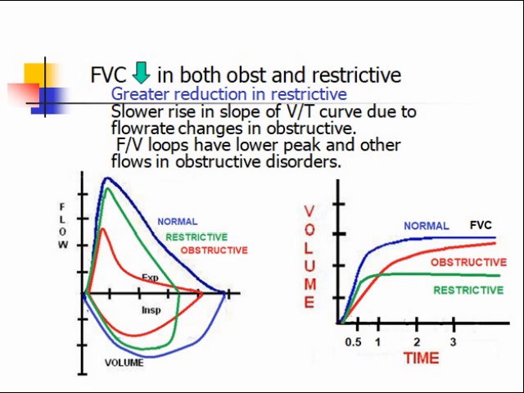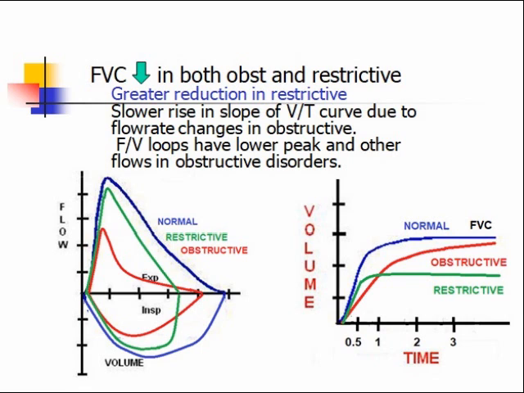You see here on the left the loop of a normal measurement of a patient would be in blue, and compare that to a restrictive problem where you have basically the same peak flow.